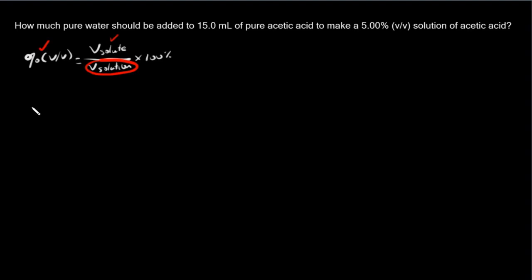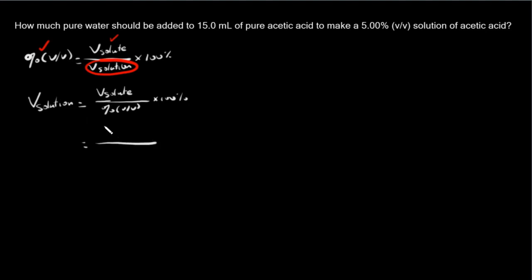So to solve for the volume of the solution, we're looking at the volume of the solute, which we know, divided by the percent, times 100%. We know everything on the right, and we're just solving for what's remaining on the left.